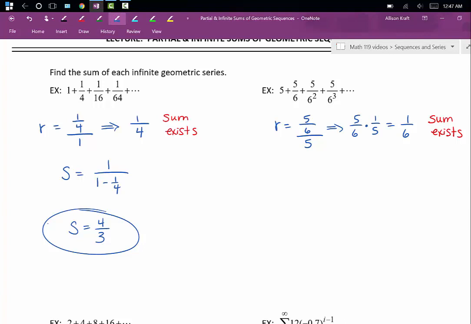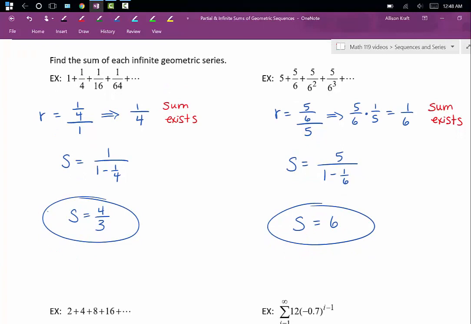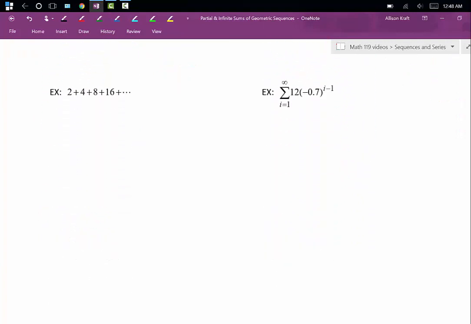Now we find it by plugging it into our formula. S equals 5 divided by 1 minus 1/6. Simplifying this, we get S to be equal to 6. When I add up that infinite geometric series, I get exactly 6. It's amazing every time to me.